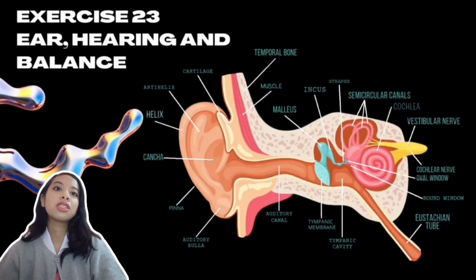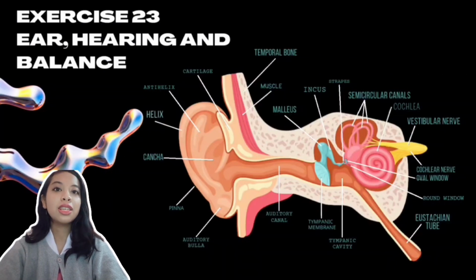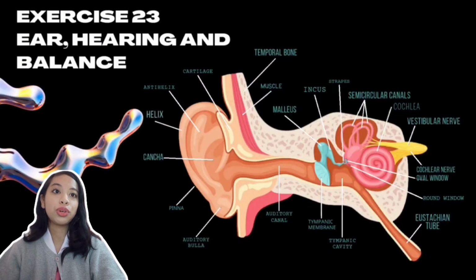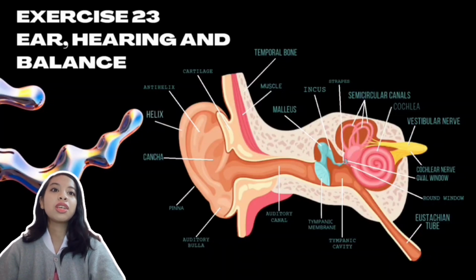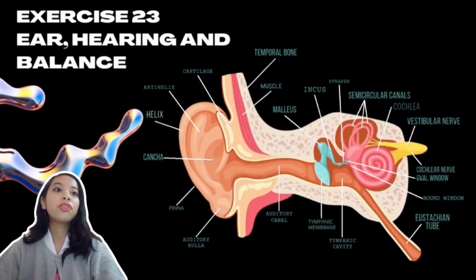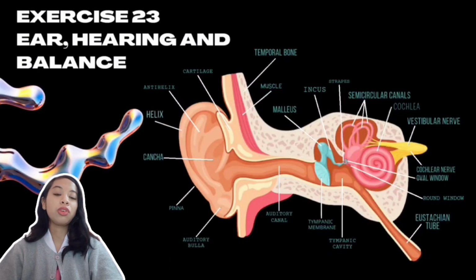Vertigo or dizziness. Sensations of vertigo or dizziness experienced by the individual during the test, especially when accompanied by nystagmus, can indicate vestibular dysfunction. And other symptoms are additional symptoms reported by the individual, such as nausea, vomiting, or a feeling of unsteadiness, which can also provide clues to underlying vestibular pathology.